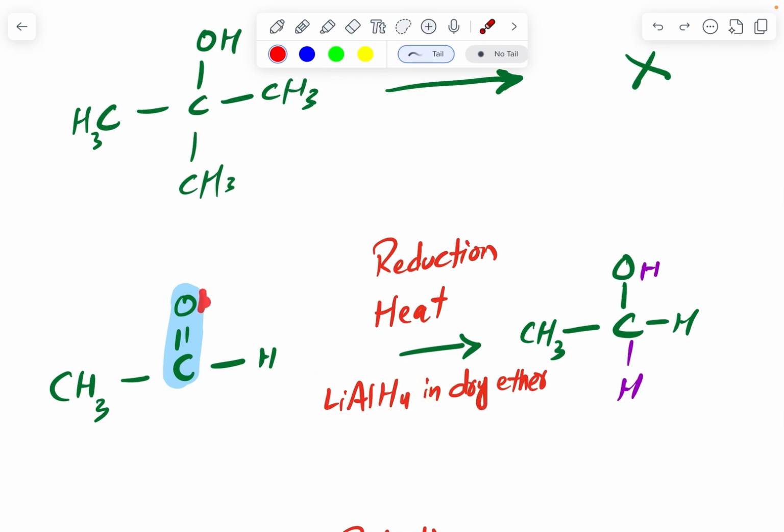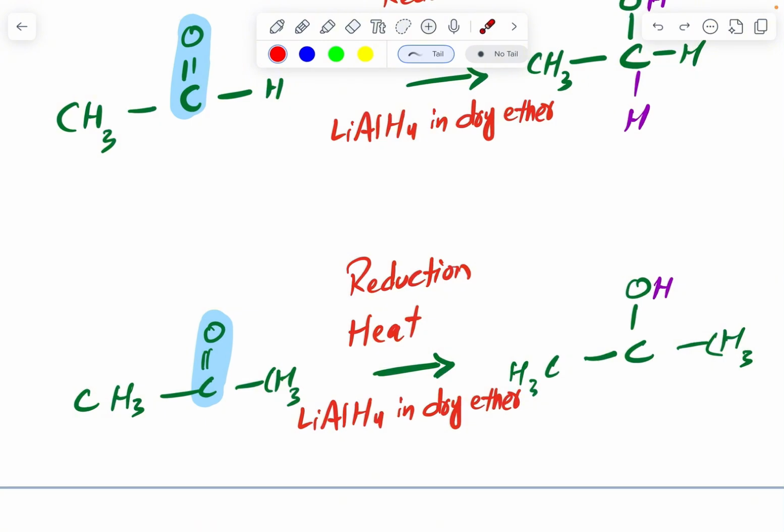One hydrogen comes over here and one hydrogen comes over here, and this bond would be broken down, and you will end up with this primary alcohol. Clear? This type of reaction is reduction, and the reducing agent is lithium aluminum hydride in dry ether. You can also use sodium borohydride, or you can use nickel plus hydrogen.